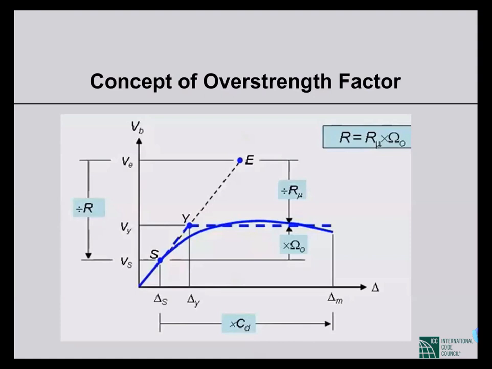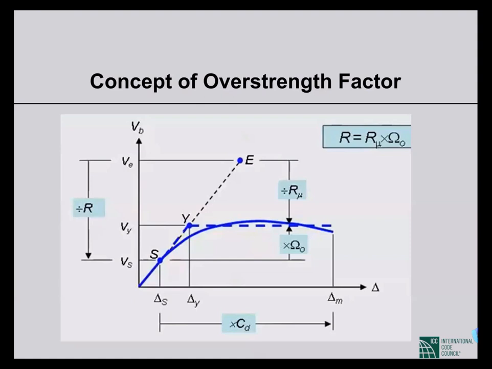So as I said, we want some portion of our structure to go through this deformation. It takes most of the energy, and the rest of the structure remains elastic. So what happens? The portion that shows elastic ductility, that also has to go for higher level of force.